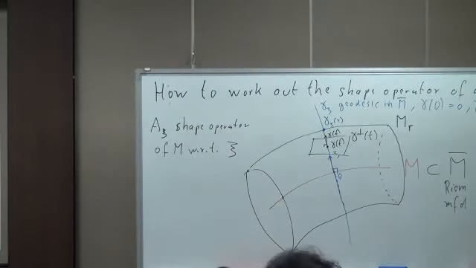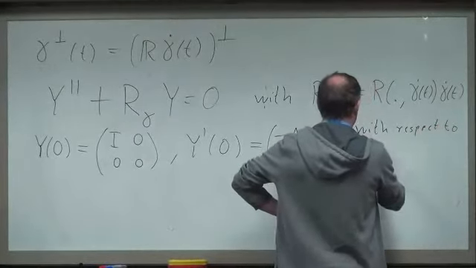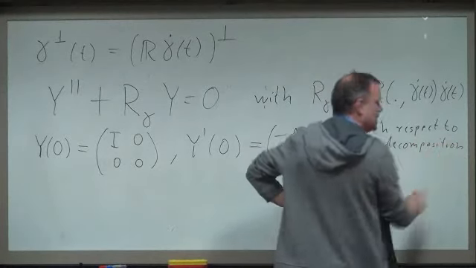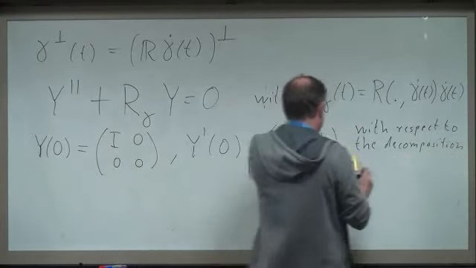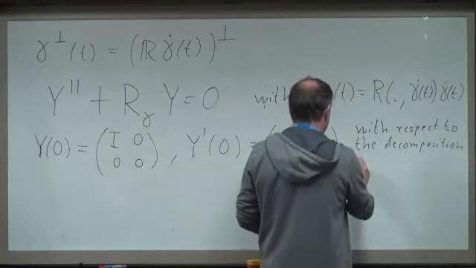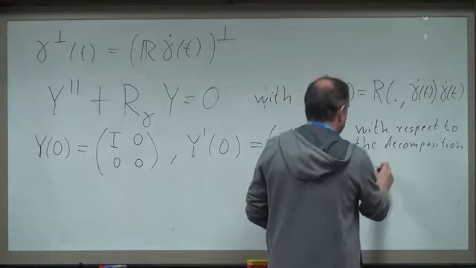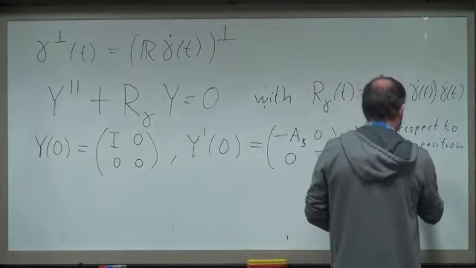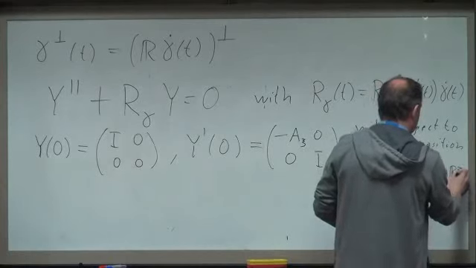And the decomposition of the tangent space, or say gamma perp of 0, is the tangent space of M at O plus the normal space of M at O minus the normal vector.